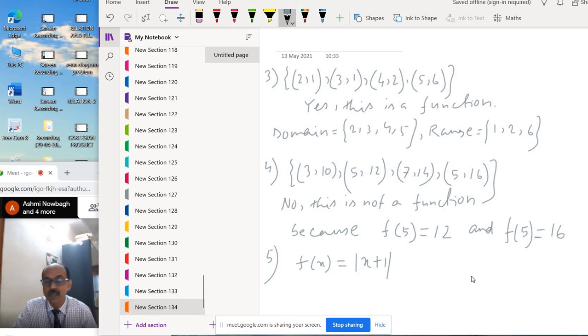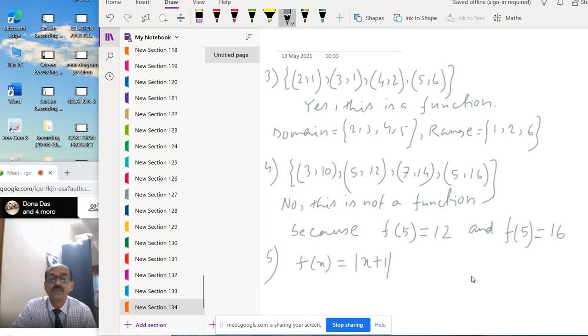Find the domain of this function. Domain means x values: for what values of x is this function defined, that is the domain.